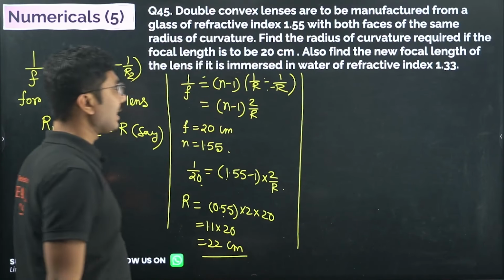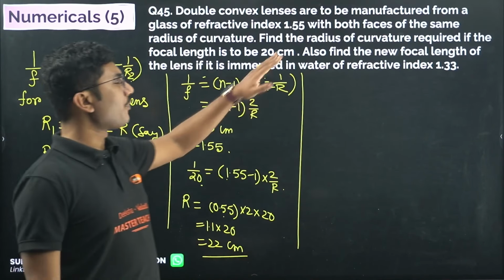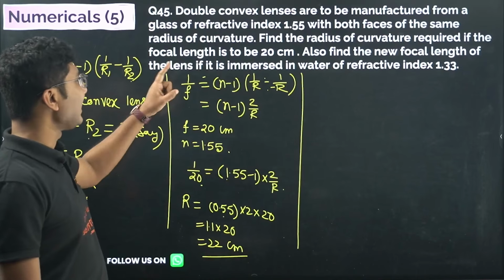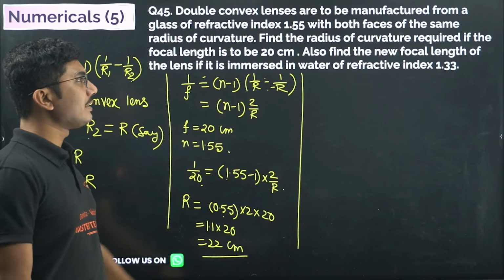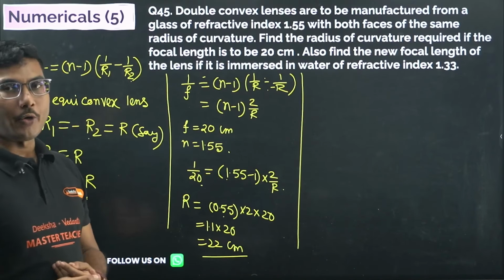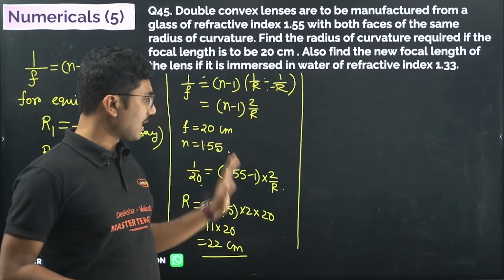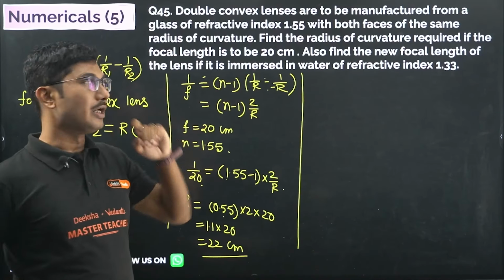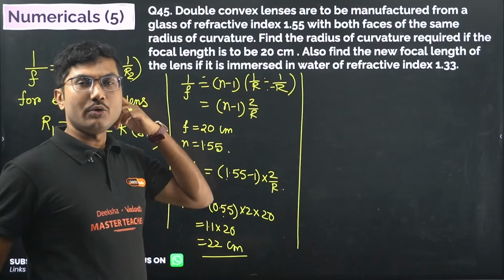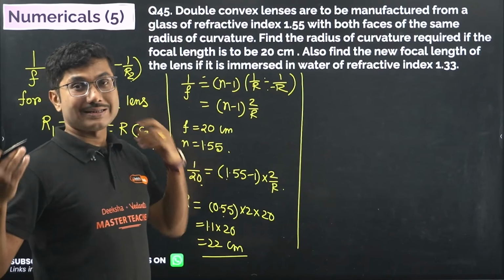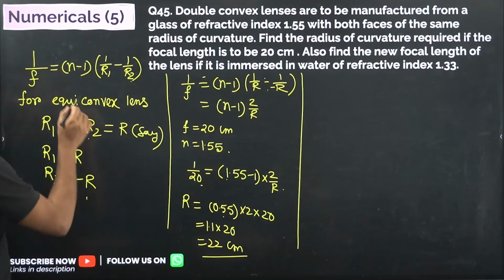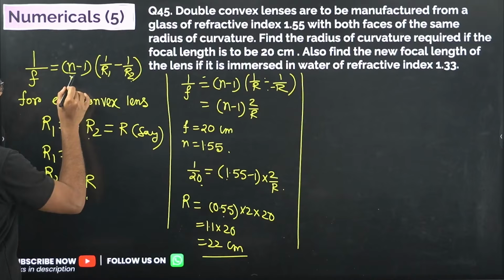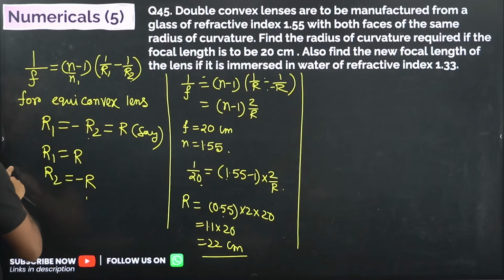Now next part, they have said to also find the new focal length of the lens if it is immersed in refractive index 1.33. Now this is tricky. First part is easy, direct lens maker's formula. Second part is tricky. When you immerse a lens into a medium of refractive index, then you have to divide n by that second refractive index.